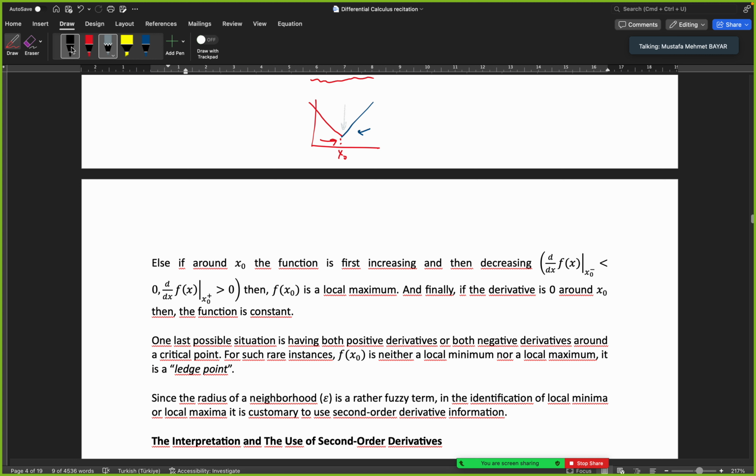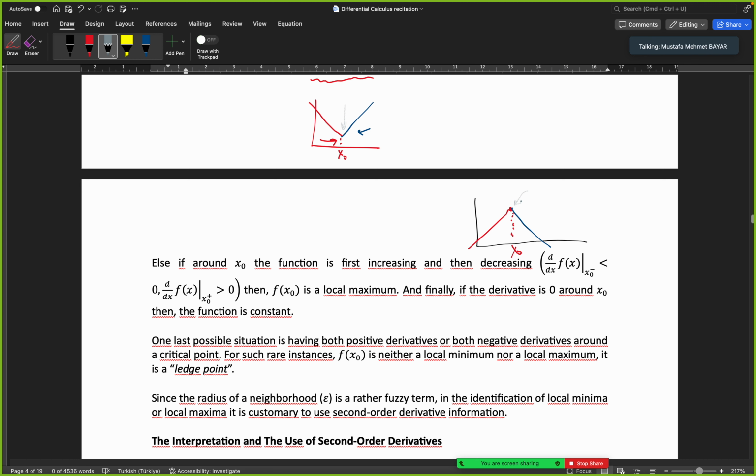Similarly, if f is increasing when you approach x0 from the left and decreasing when you approach x0 from the right, then x0 should be a local maximum point.